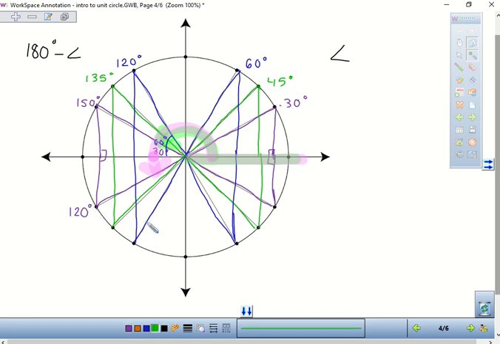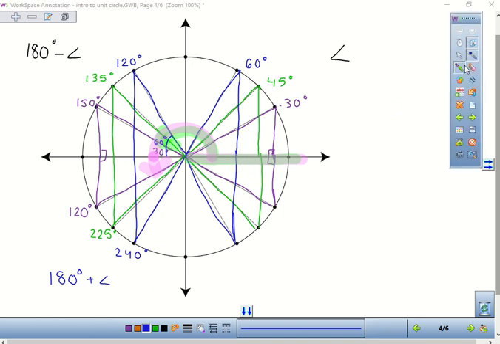If I want to create a 45-degree triangle in this quadrant, I go 180 plus 45, which is 225. And then to do the 60-degree, I would do 180 plus 60, which is 240. So the rule in this quadrant is you take 180 and you add the angle measure to it to get that particular degree measure. Okay.